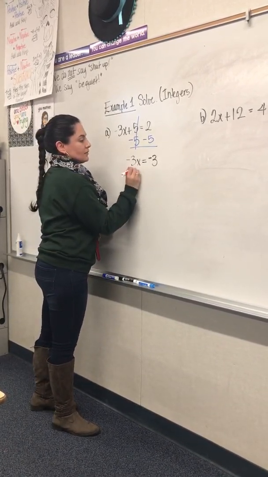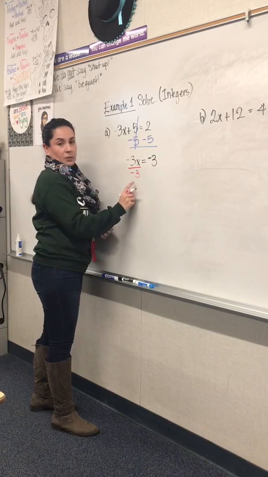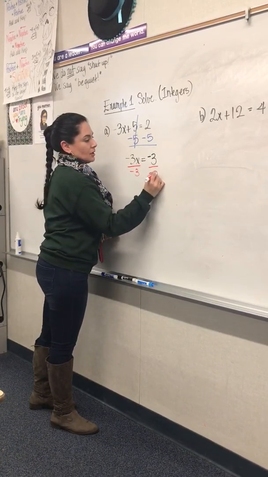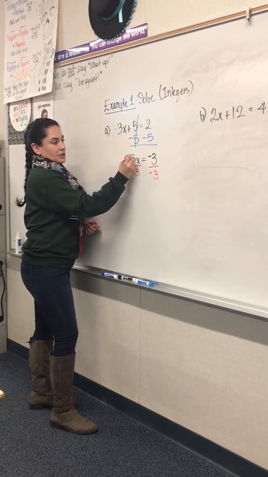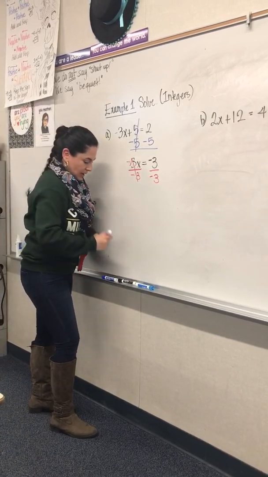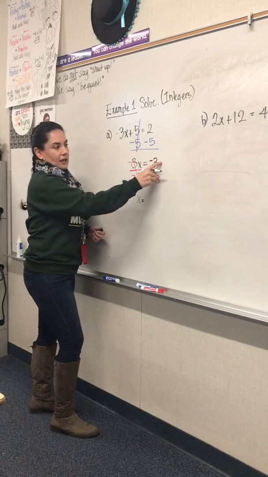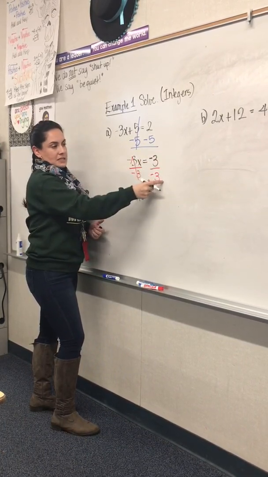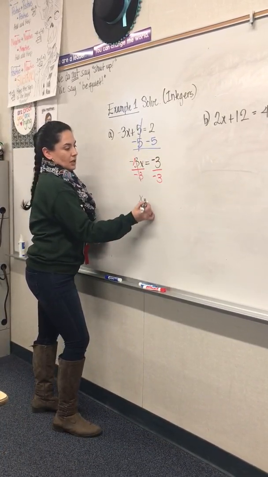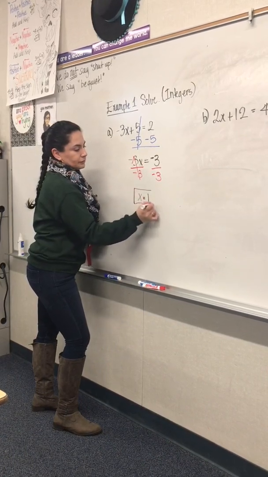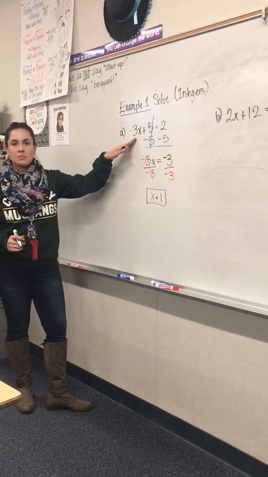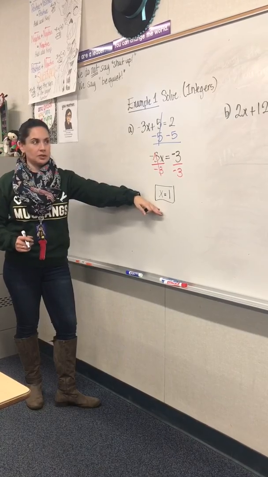So I'm going to go ahead and divide by negative 3. What I do to one side, I do to the other. These create a giant 1, so now I have x left over, and I have a negative divided by a negative. Like signs equals a positive. So x equals 1. Okay, 1 step, 2 steps, and we're done.